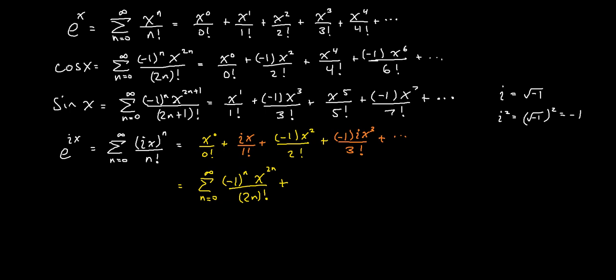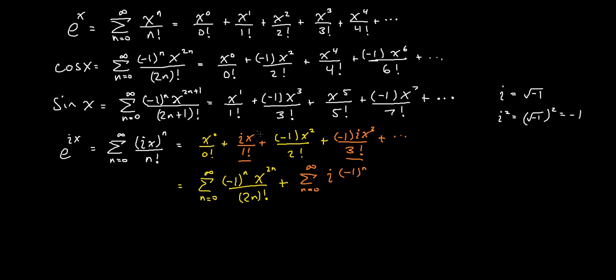Now let's try the orange series. The orange series always has an i in it. So the sum from n equals 0 to infinity of, and it always has an i in it, so let's write i. Now this one also alternates. So this term here is positive, this term here is negative, the term after that's going to be positive. So -1 to the power of n.